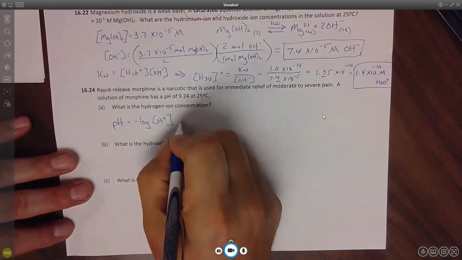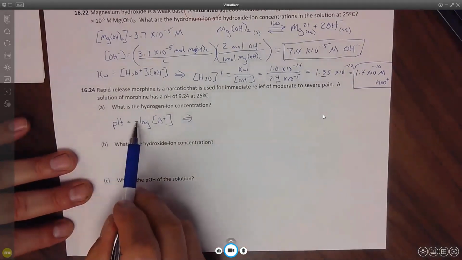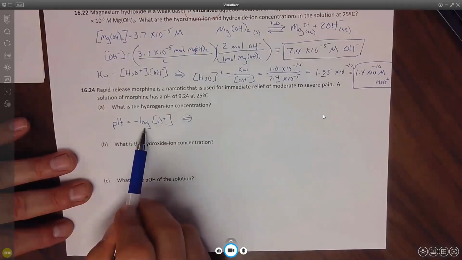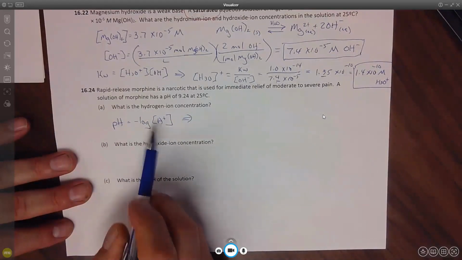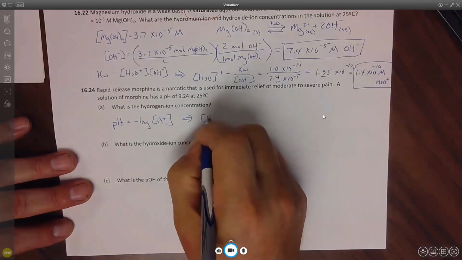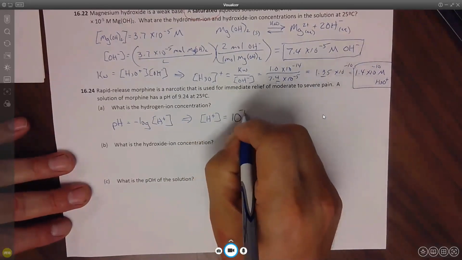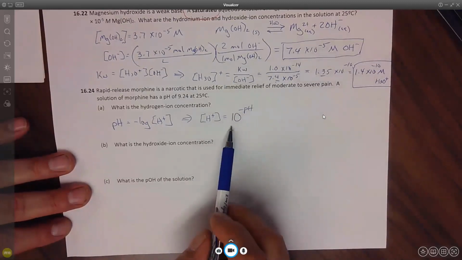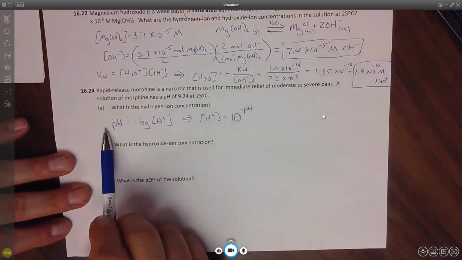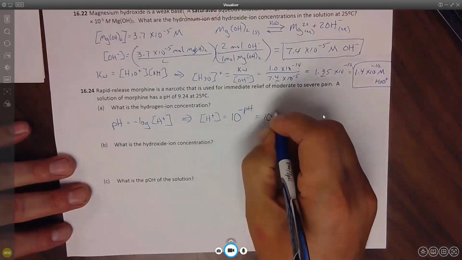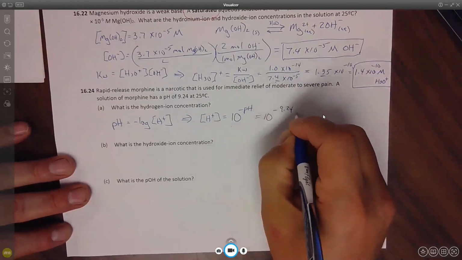So we're going to rearrange this then. We'll move the negative over, so that'll be negative pH, and then we'll take the antilog. And since this is base 10, that means that the hydrogen ion concentration is going to be equal to 10 to the negative pH. So this is the antilog of our negative pH. We brought the negative over. So then we would just plug that in. So 10 to the negative 9.24.